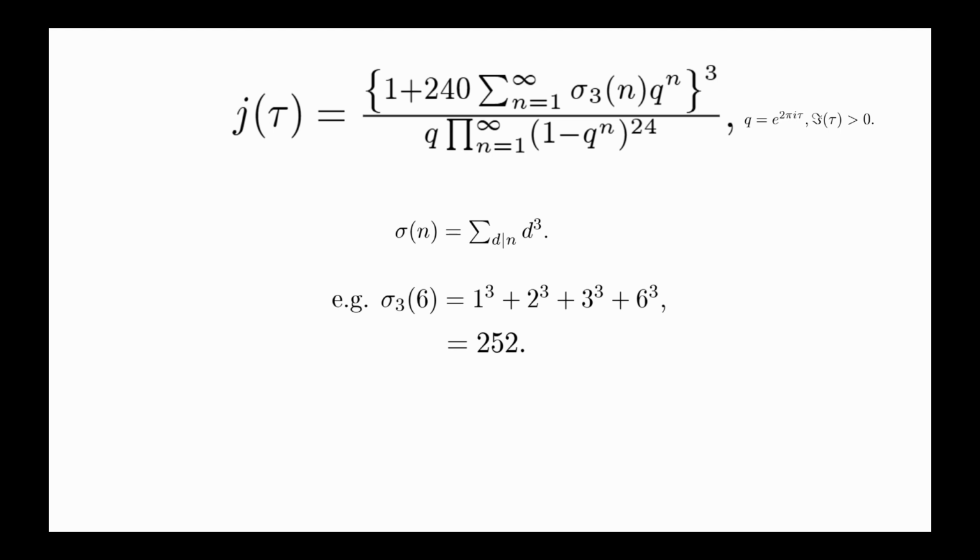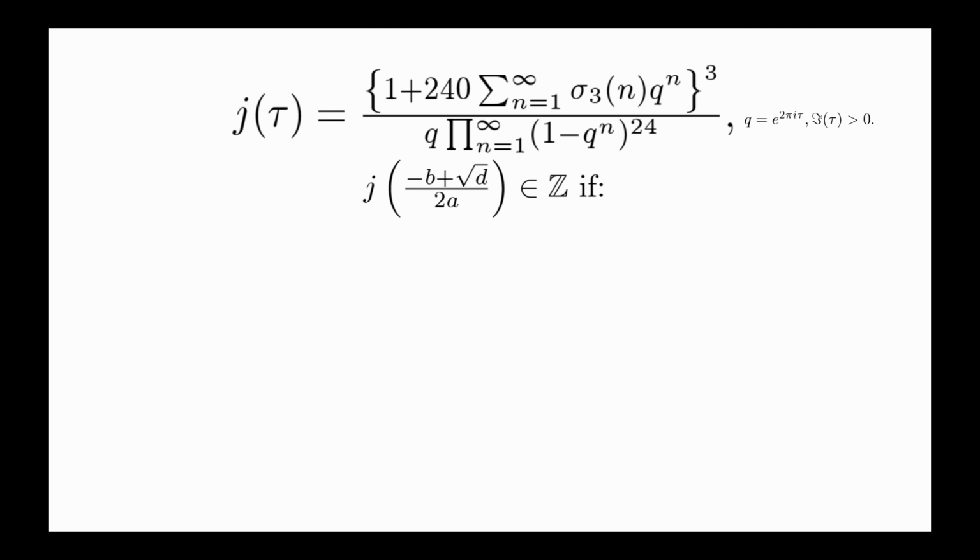So, that's the numerator of the j function, and we cubed it as if it was not complicated enough, and then we divided by this fancy product raised to the power of 24. And so this definition at the moment looks really contrived and artificial, but the j function actually arises very naturally, as we will see later.